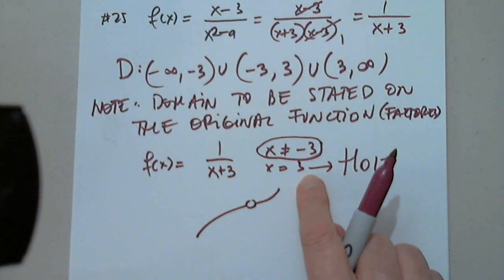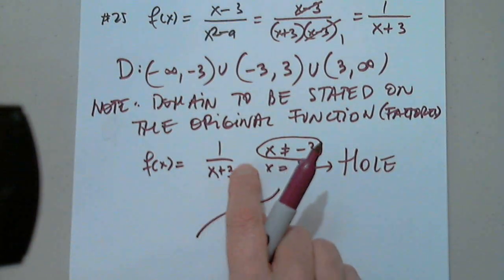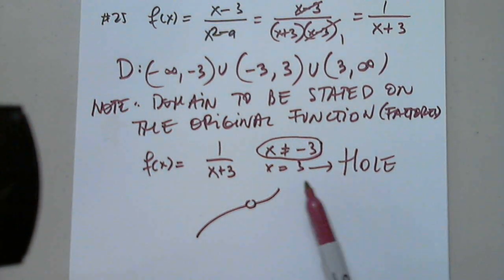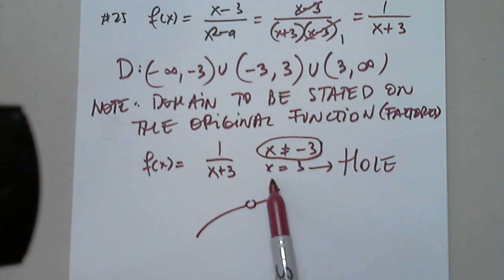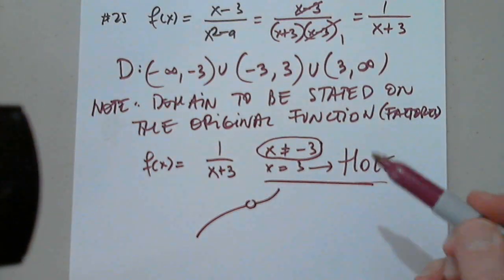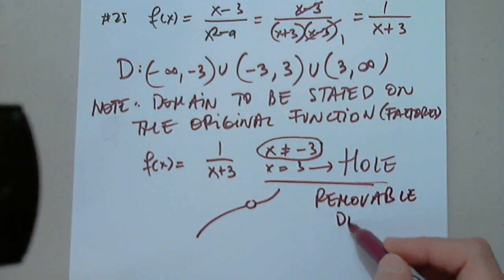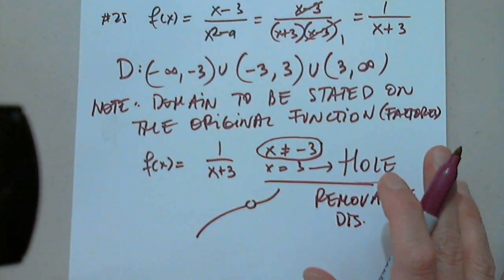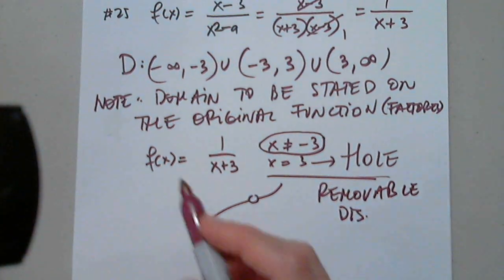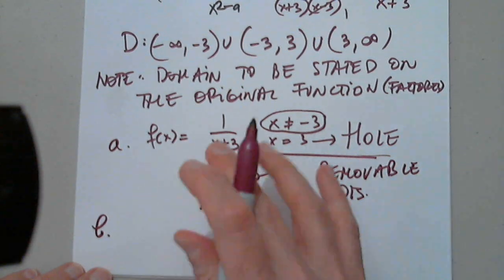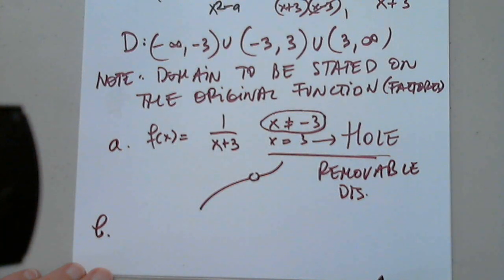Guaranteed. So we showed that x equals 3 is a hole. Hole means removable discontinuity. That's all it means. But now in part B, so this was part A, they say, make it continuous at 3.